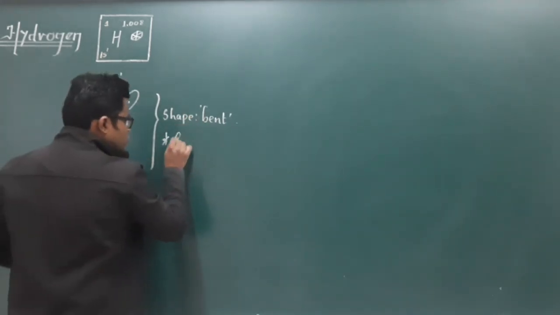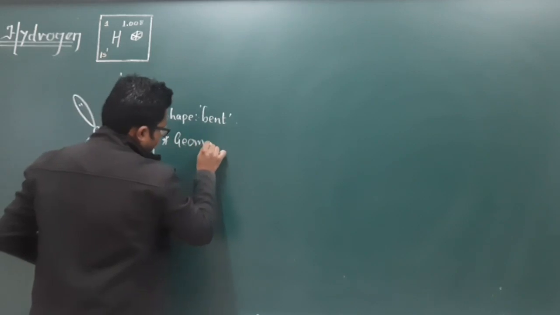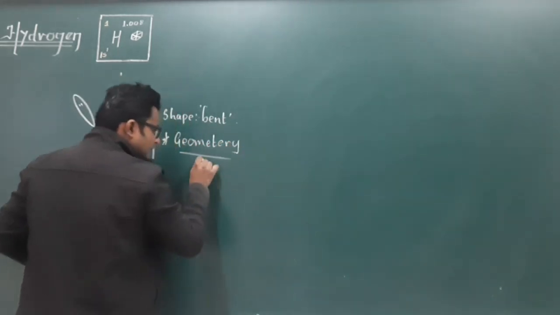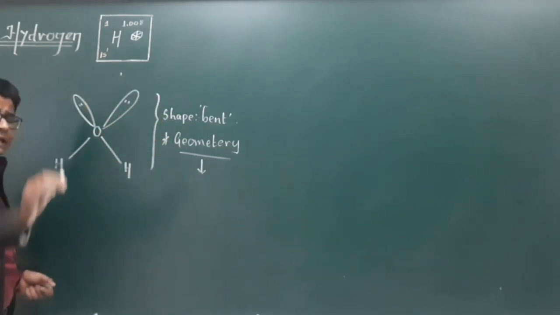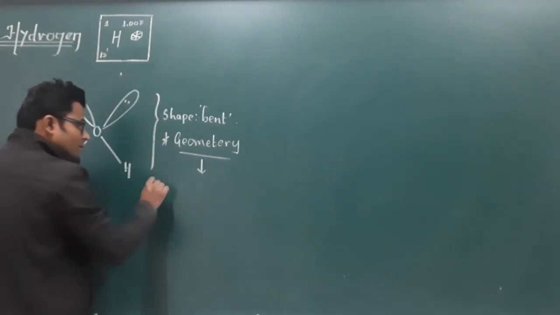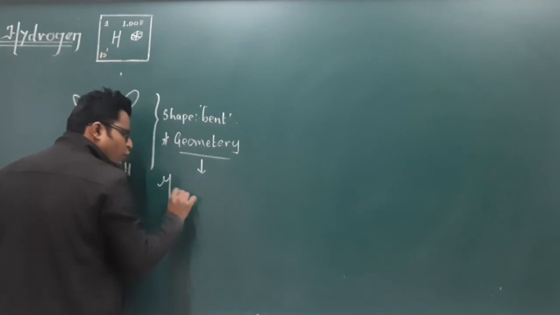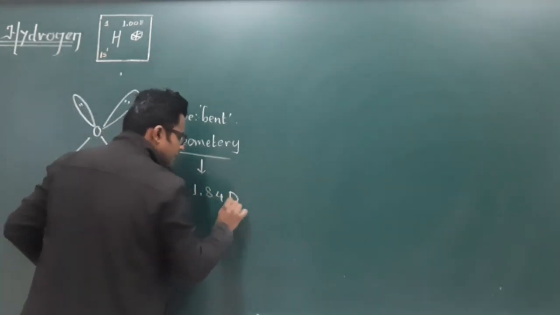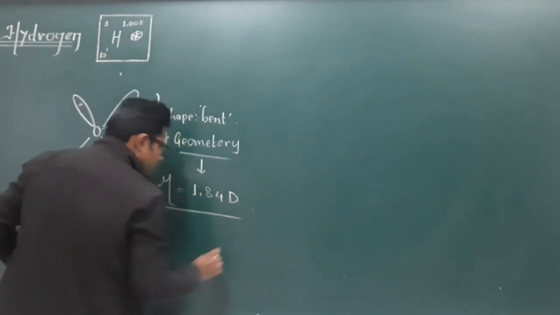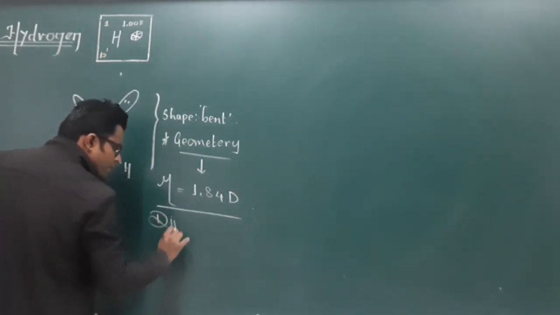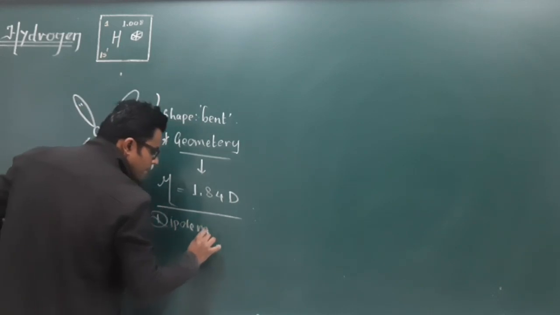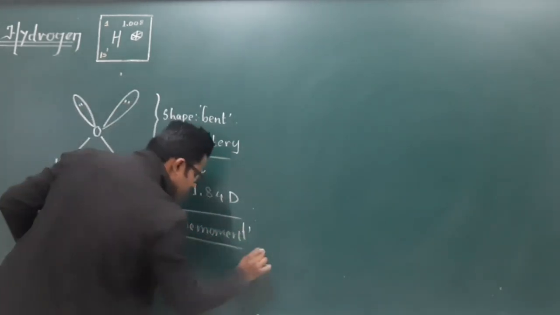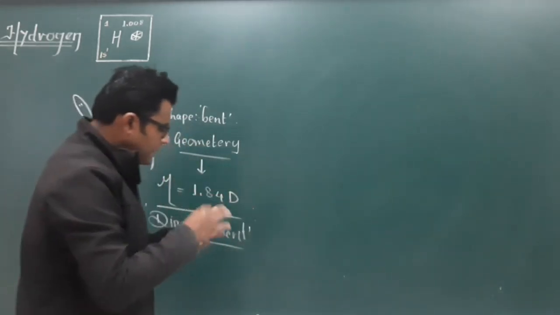Due to this particular geometry, it has an effect on its net dipole moment. So, the net dipole moment of the water molecule is going to be 1.84 D. So, this is the dipole moment. Right? Now, coming further.